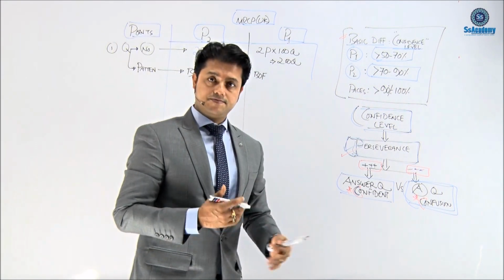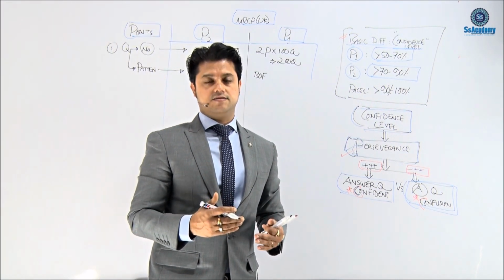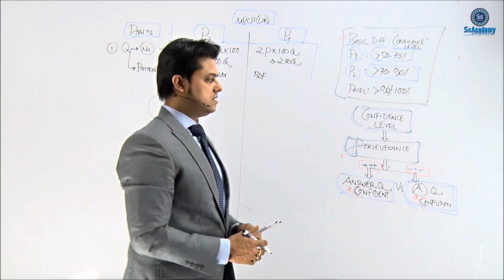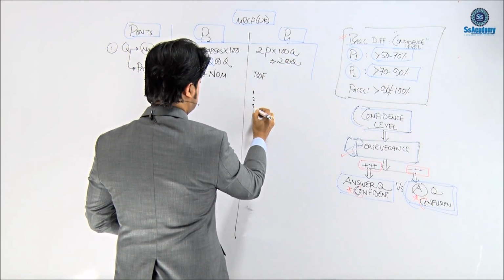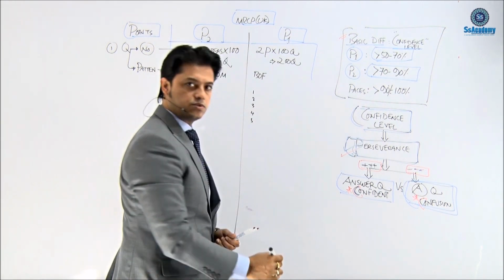And can you remember the mark sheet, meaning the answer sheet? In your answer sheet in Part 1, can you remember number 1, number 2, number 3, number 4, number 5 up to 100?